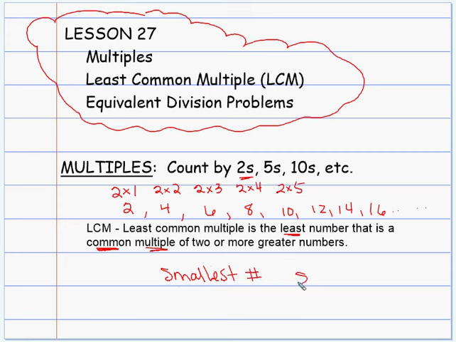It's the smallest number that is the same in a list of multiples. So basically we are counting by those numbers, or we are multiplying that number times 1, times 2, times 3, times 4, times 5, and so on. And we need to compare the two lists to find the smallest one that is the same in each list.